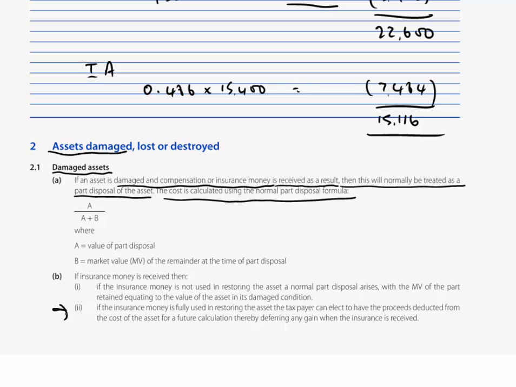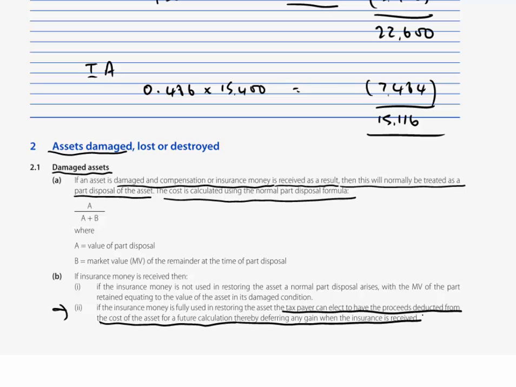So now we look at, so what happens if when you get the insurance money, you do use that insurance money in restoring the asset. Then what happens? The taxpayer can now elect to have the proceeds deducted from the cost of the asset for purposes of a future calculation, thereby deferring any gain when the insurance is received.